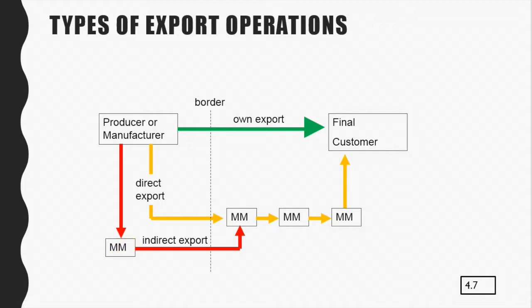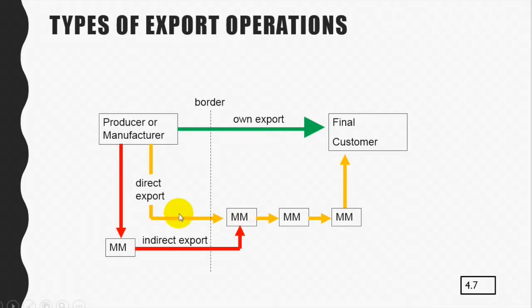So in indirect export, you have at least one middleman in your home country. Then you can have middlemen abroad as well, but you can also sell directly to the final customer abroad from this middleman that helps you in your own home country.